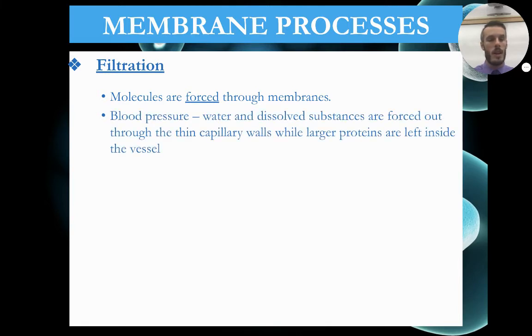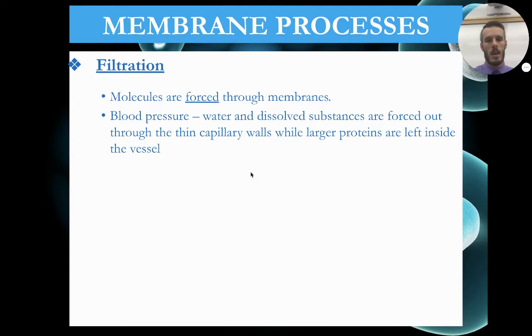So an example within the body is blood pressure. So blood pressure is really, really important for pushing water outside of the blood vessel in order to get it out, okay, because otherwise water would not move freely through the membrane very easily. Okay, so blood pressure helps to kind of force it as well as some other substances out of the blood vessel.